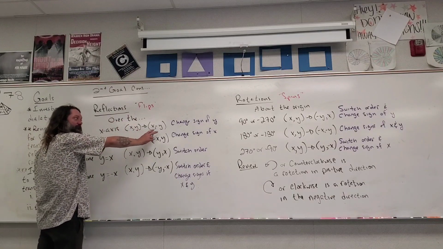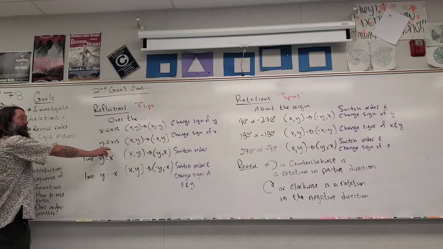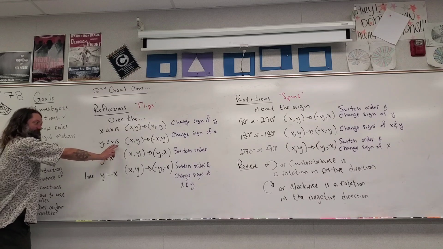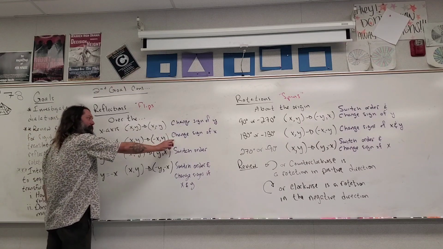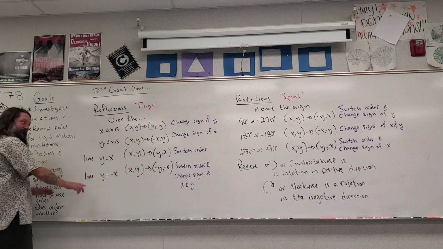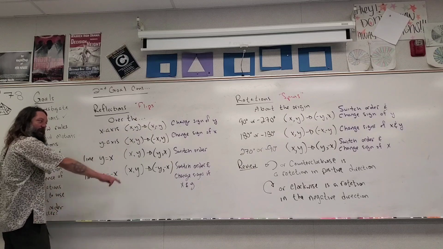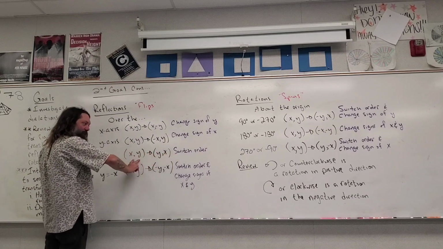So (x, y) goes to (x, −y), so we're just changing the sign of y. If we reflect over the y-axis, (x, y) becomes (−x, y), and we change the sign of x. If I reflect over the diagonal line y = x, (x, y) maps to (y, x), so we just switch the order.